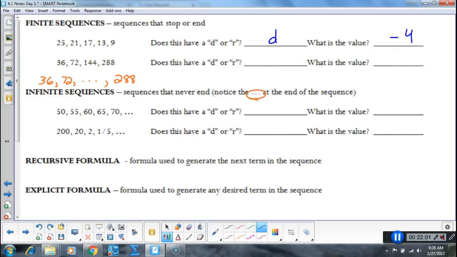R, and R would be 2, because I'm doubling it every time. Infinite sequences. D or R in the first one? D, and D is 5. Second one, D or R? R, and what is R? 0.1 or 1/10.